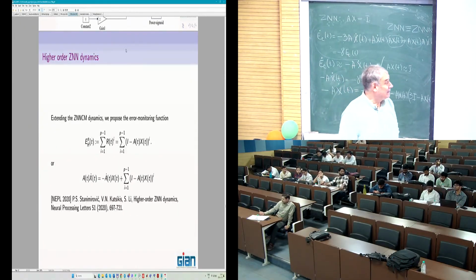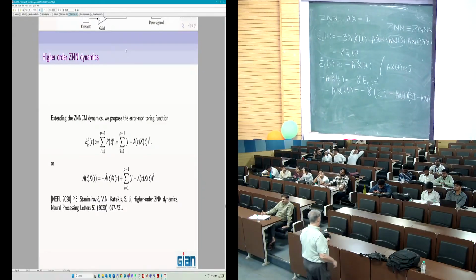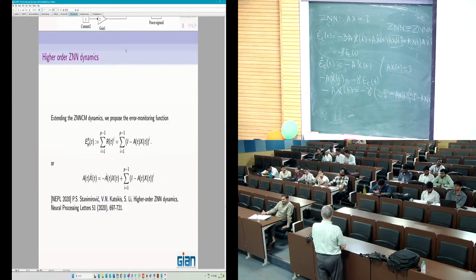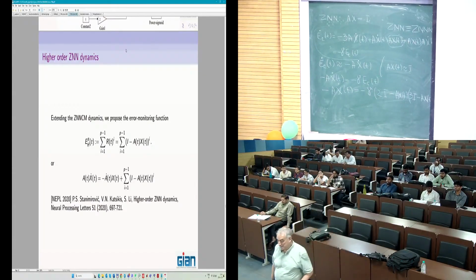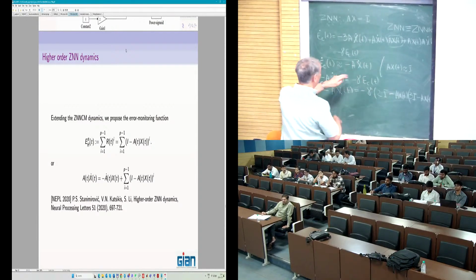After that, we worked on ZNN models based on the hyperpower method of order 4 and even higher orders. In all cases, we simplified the derivative of E(t), E dot, as minus A X dot.